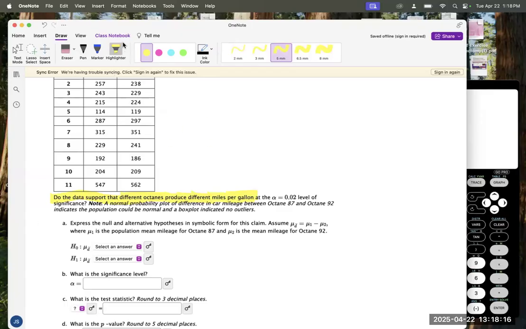And so because of this word different right there, this is to me a not equals test, because it's not saying greater than, it does not say less than, it says different, which means not the same as, which means not equal to, right?